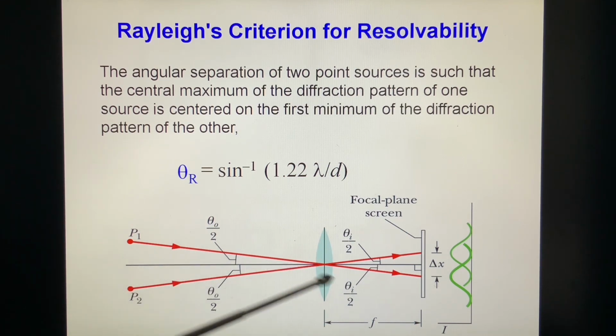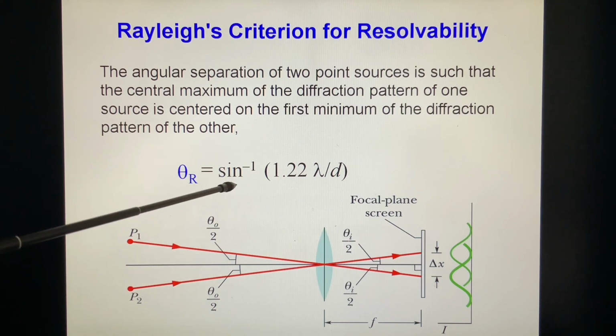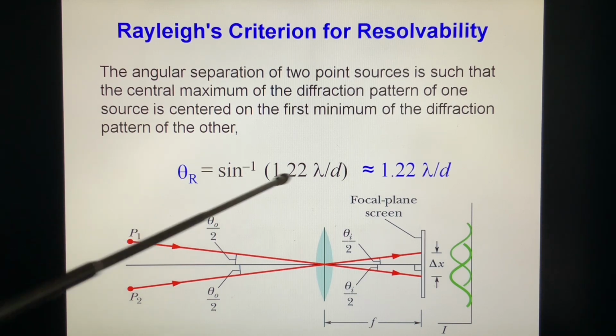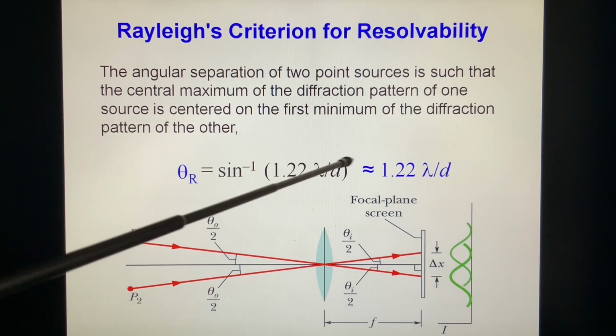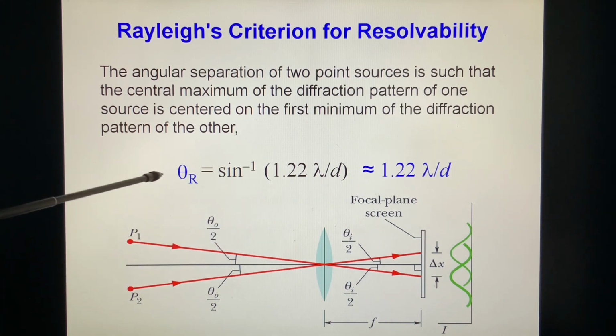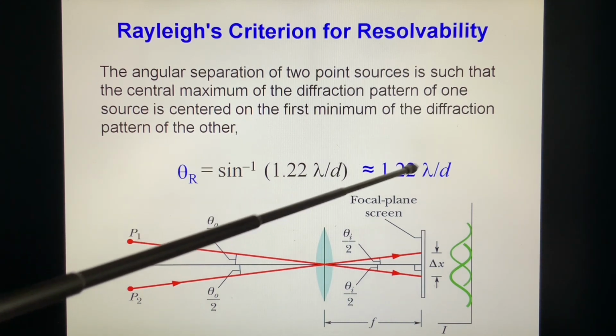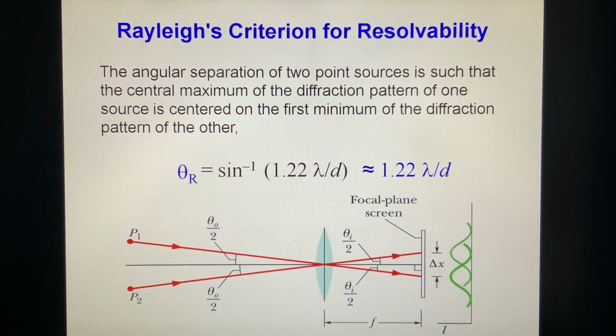So theta r should be arcsine of 1.22 lambda over d. When theta is very small, sine theta is approximately equal to theta. So theta r equals 1.22 lambda over d.